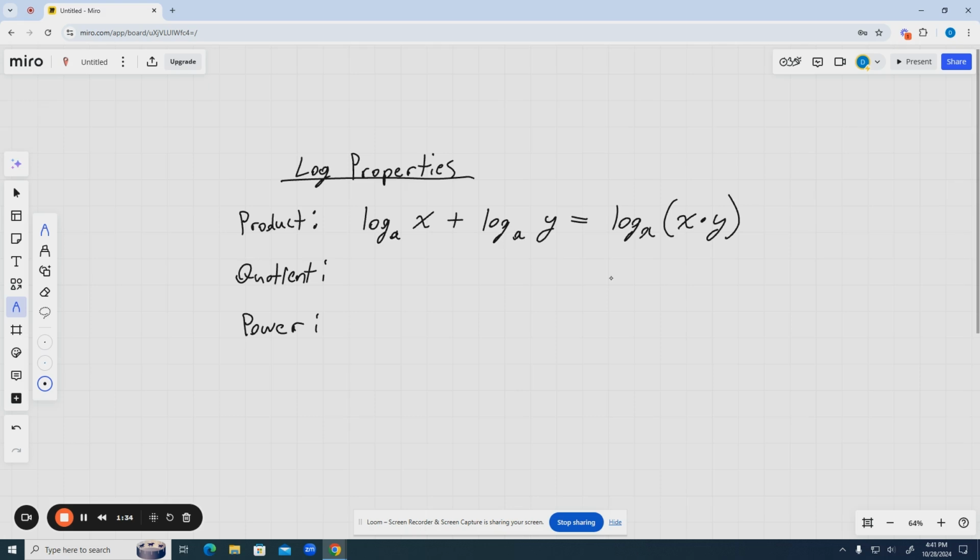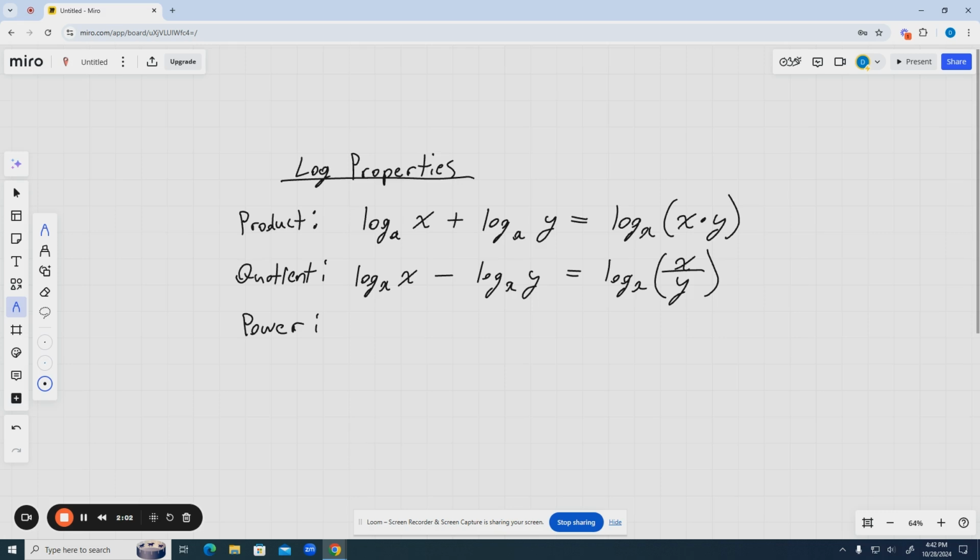And likewise, if you have log a of x minus log a of y, this is the same thing as saying they are divided by each other. So when they're added and have the same base, it's the same as multiplying x and y, and when they're subtracted, it's the same as dividing.